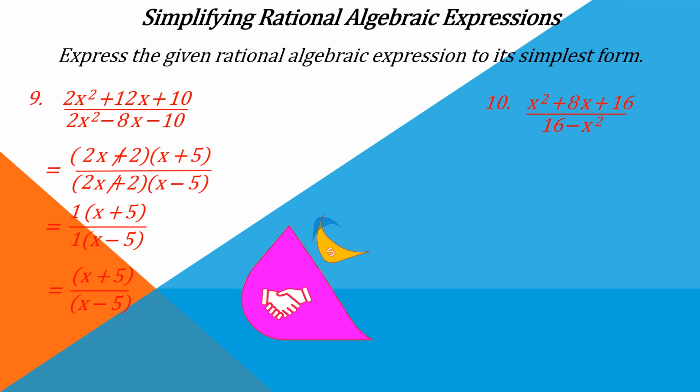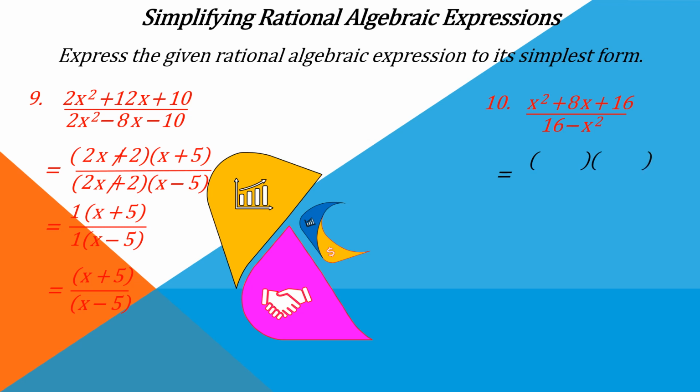So first, factor the numerator. The factor of x squared is x multiplied by x. The factor of 16 is 4 multiplied by 4, and they are all positive because the trinomial terms are all positive. Divided by negative multiplied by negative 16 plus x squared.